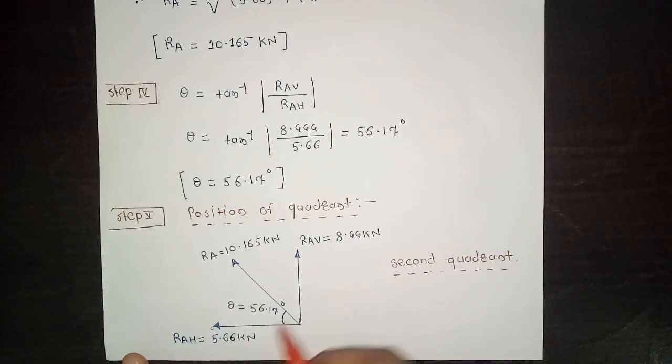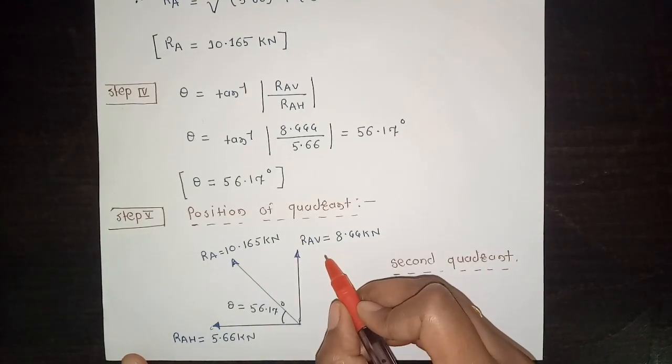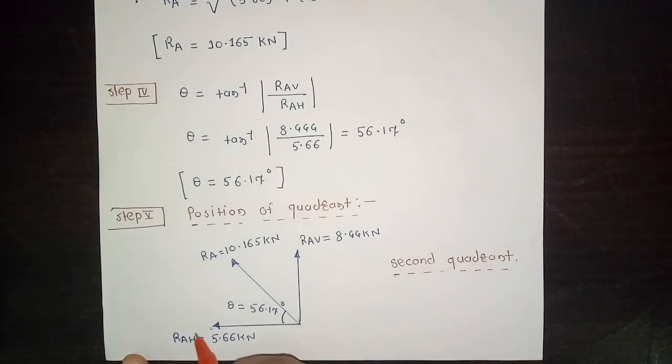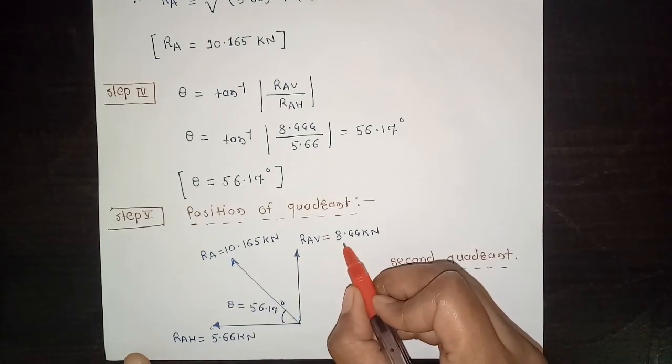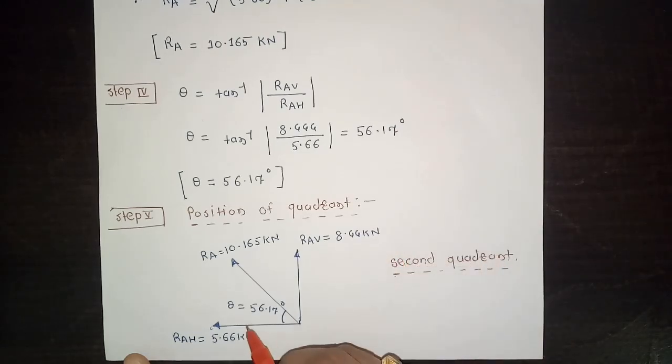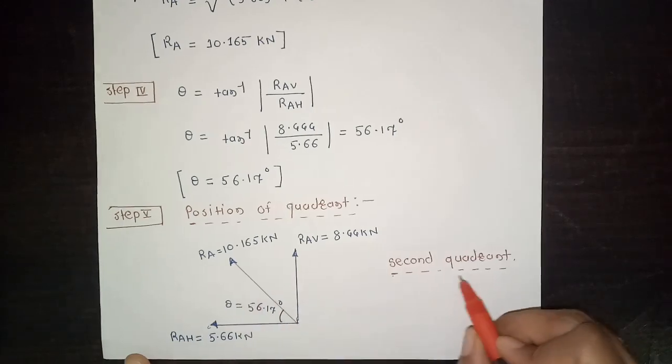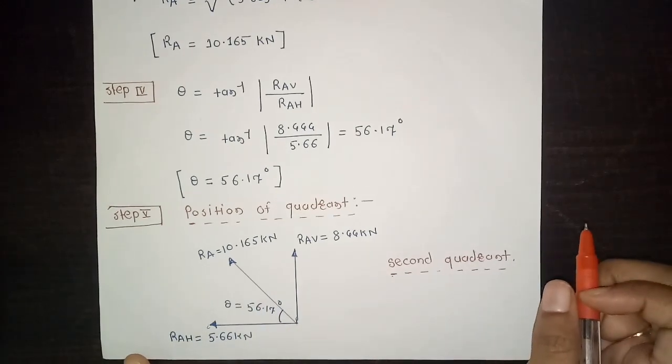Write down RAH and RAV values according to their directions, positive or negative. RAH is the horizontal force, we get the value negative, that is left direction, so RAH is 5.66 kilonewton. RAV value is positive, upward direction, 8.44 kilonewton, and theta is 56.17 degree, that is second quadrant. Okay, thank you.